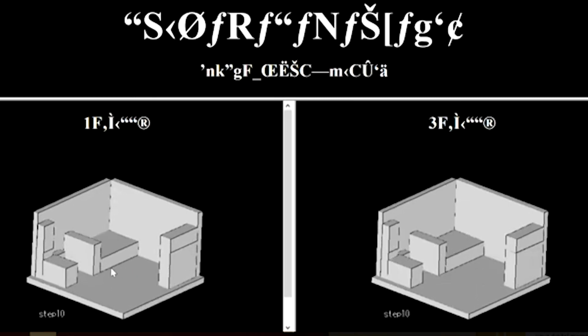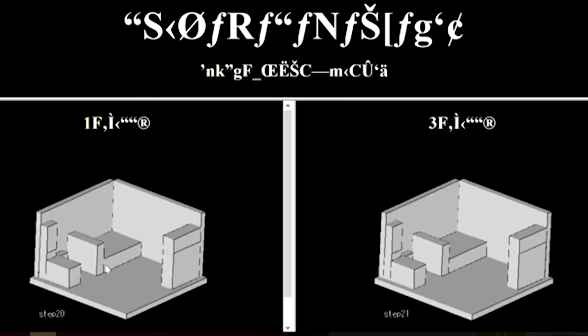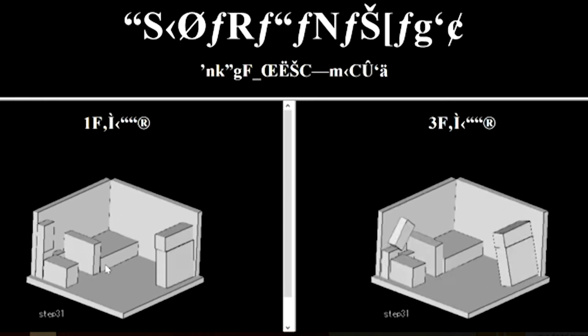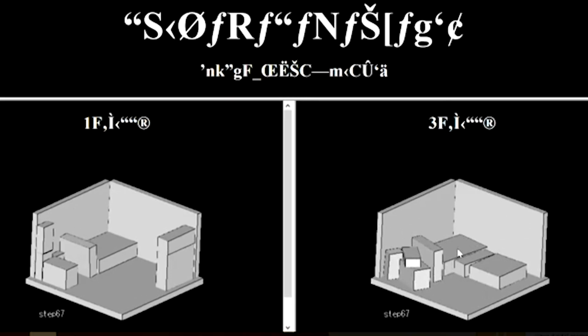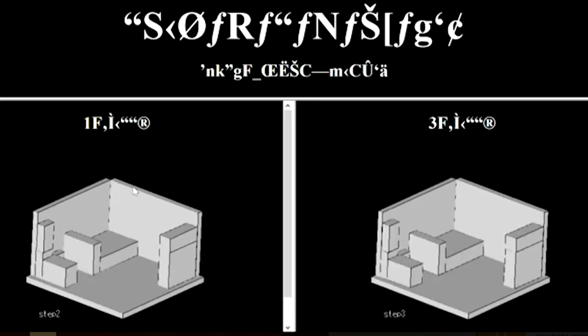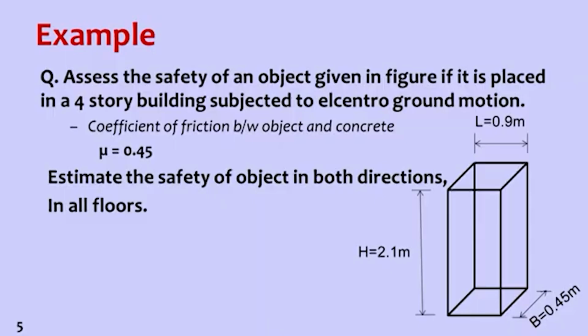As you can see, the same type of equipment is behaving differently on different floors. This is the first floor and this is the third floor. Now we have watched how these non-structural elements behave on different floors of the building, taking the example of the first and third floors. Now let us solve it numerically.